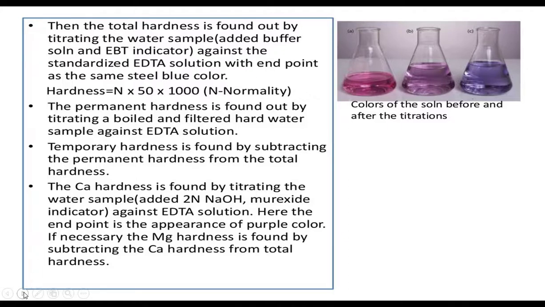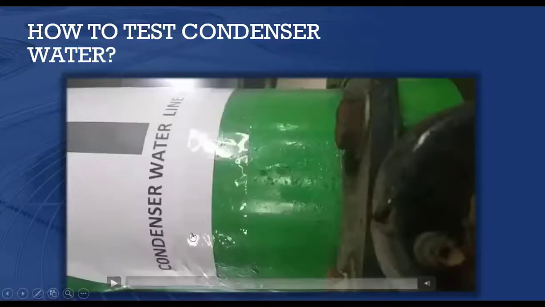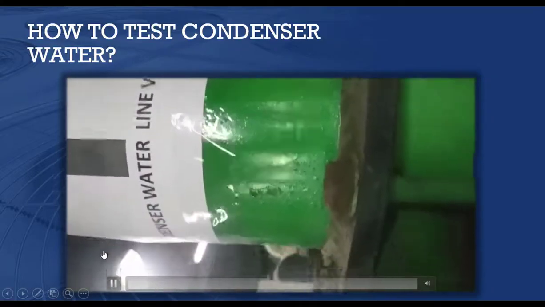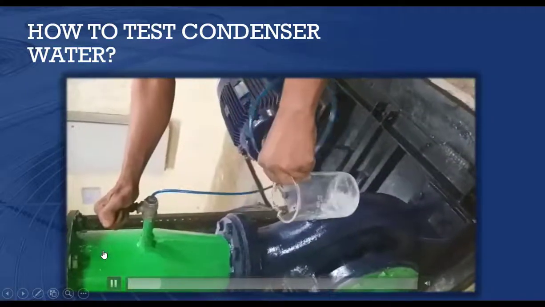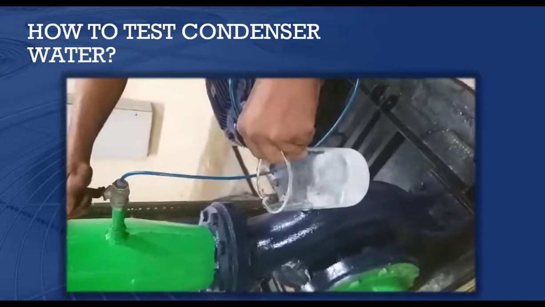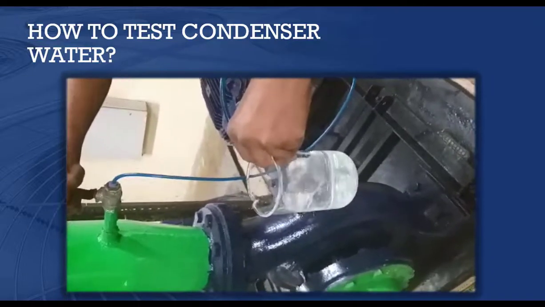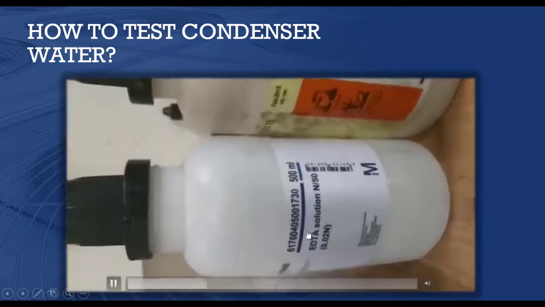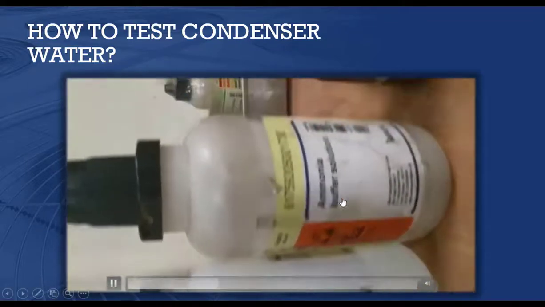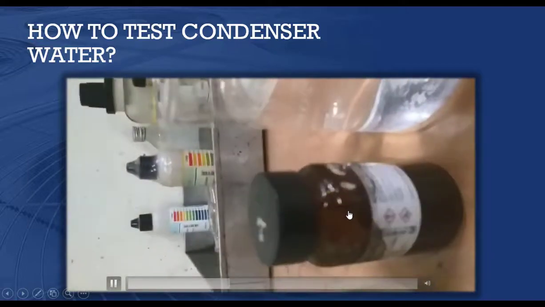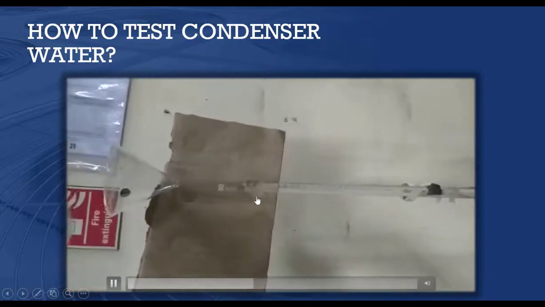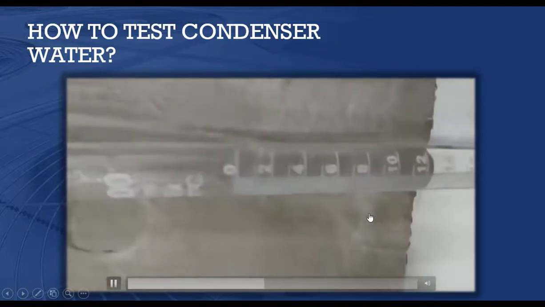Now we will see the practical way of doing the hardness testing. In the condenser line, if you have the test pipe, take a flask and open the water. Take the solutions: EDTA solution, ammonia buffer, indicator, and flask. Then EDTA is taken in the burette.